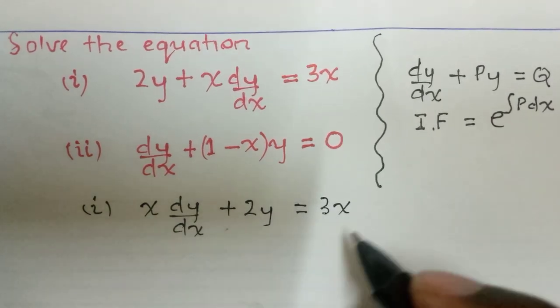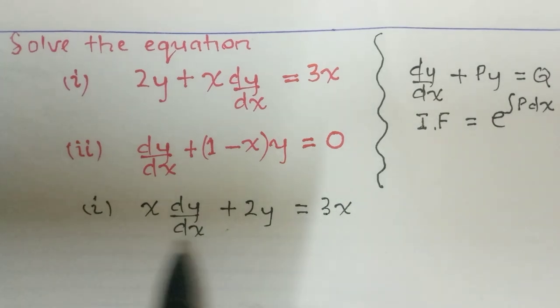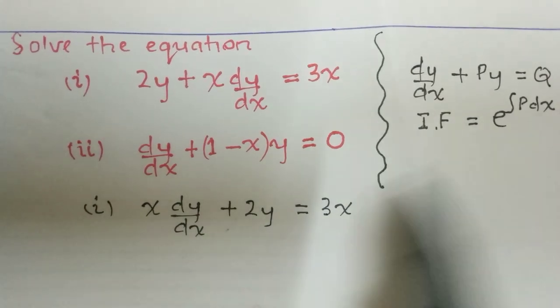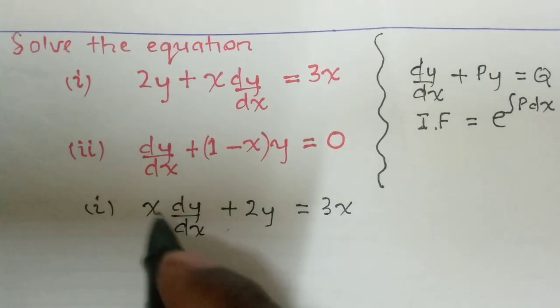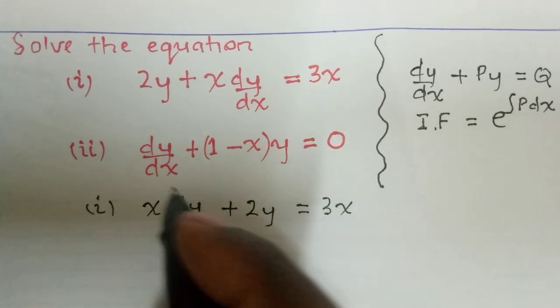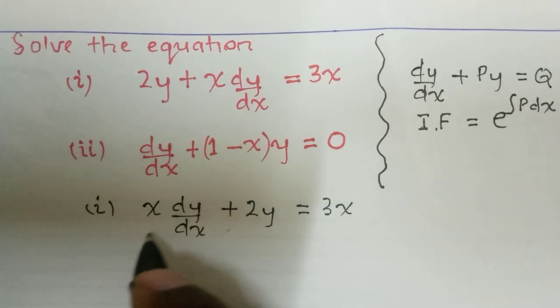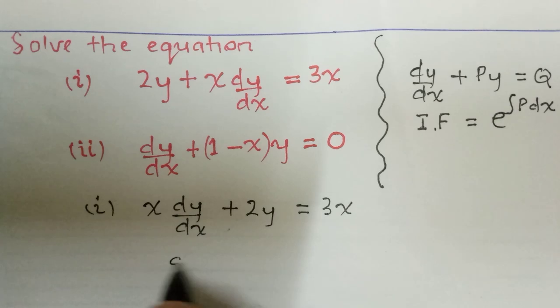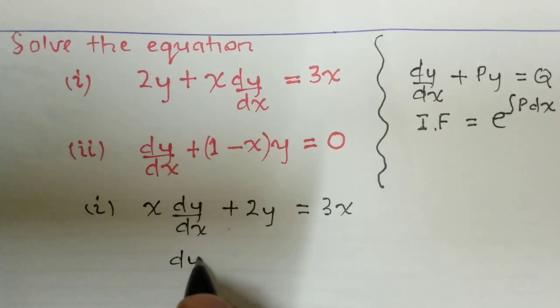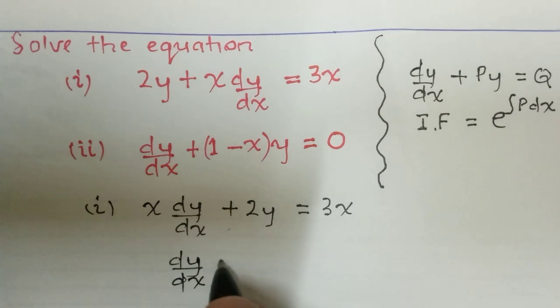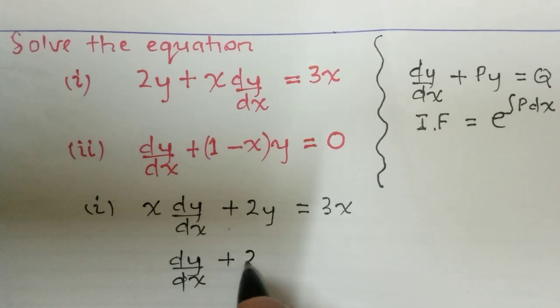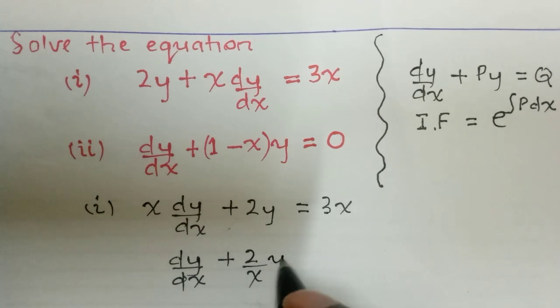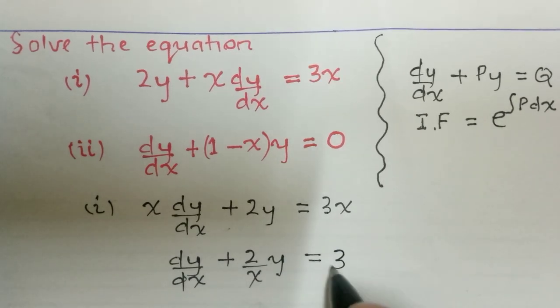So we come and divide. For this equation to be like this, we divide all the sides by x. So we shall have dy over dx plus 2 over x times y equals 3.